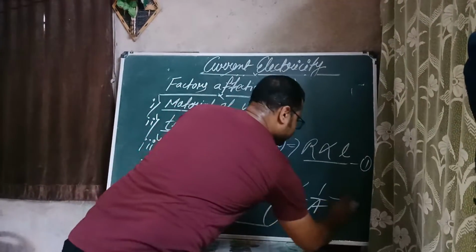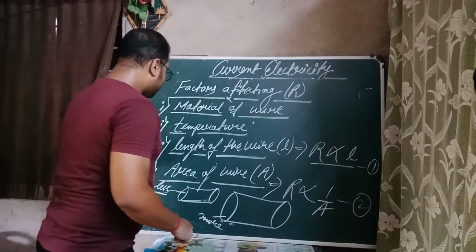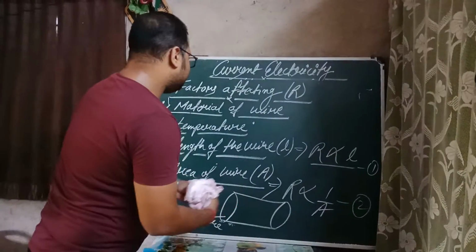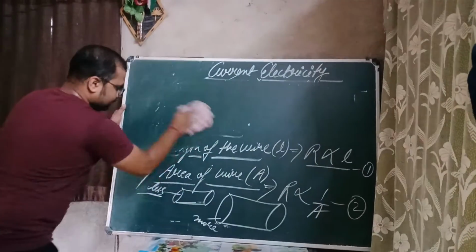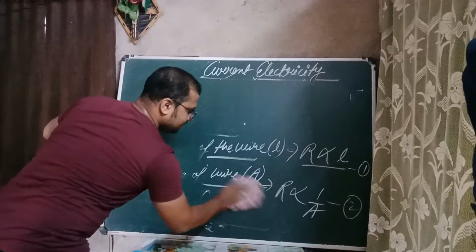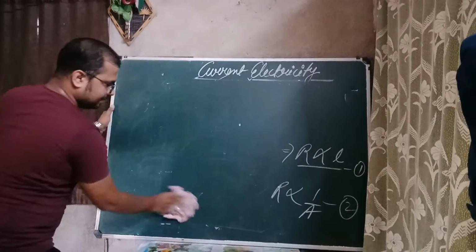Inverse relationship. Okay. Now we'll mix up these two conditions together and find which equation is formed. When we mix up these two, what equation do we get? Very important expression, students.